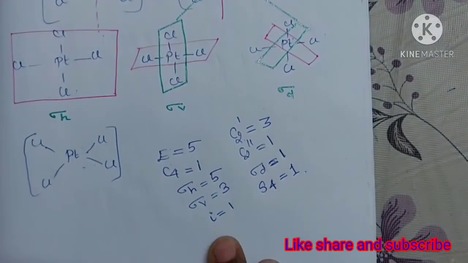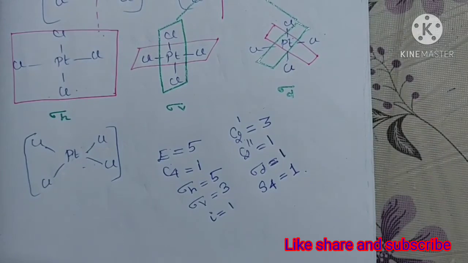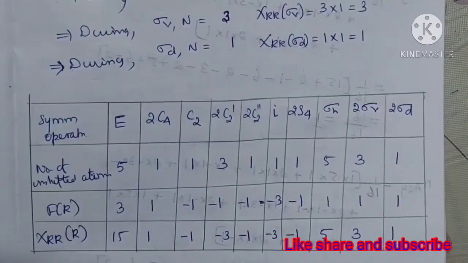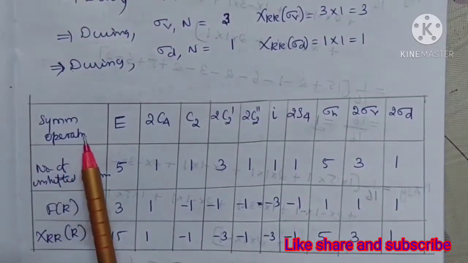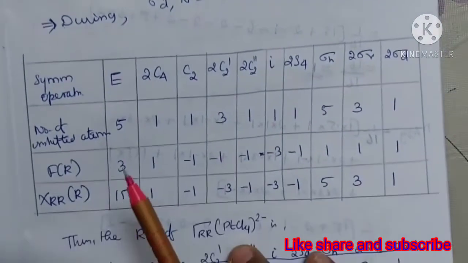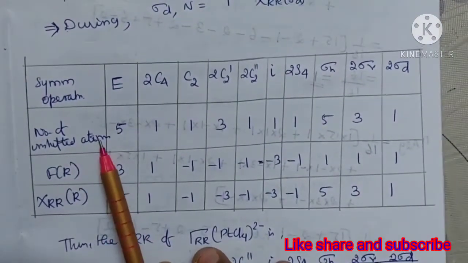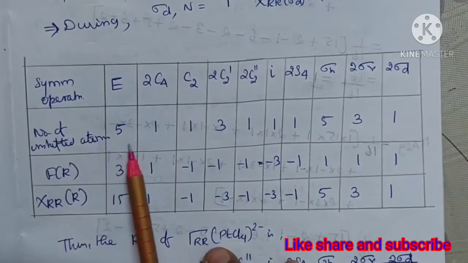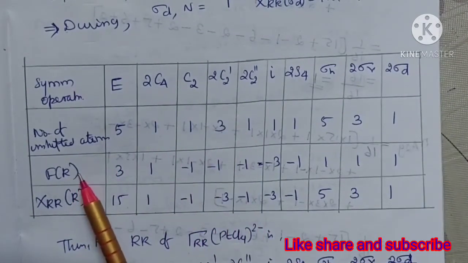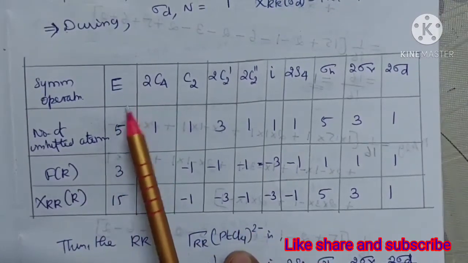So using this, we are going to create a table and find the total reducible representation for platinum chloride, that is the D4H point group. Here you can see the first row consists of all the symmetry operations and the second row contains the number of unshifted atoms during the operations, and this is the character of the operation in general.